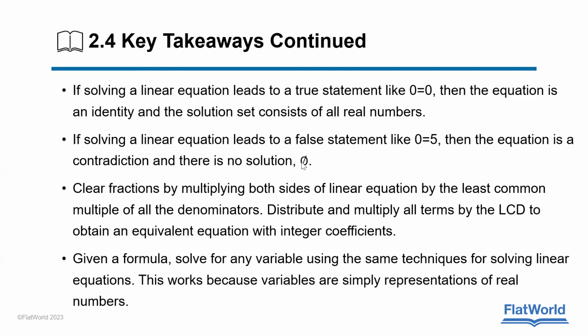There's no x that's going to make it true. That's why they say it's empty. Put all the x in this bucket that make that statement true, and nothing is going to make it true. No x.